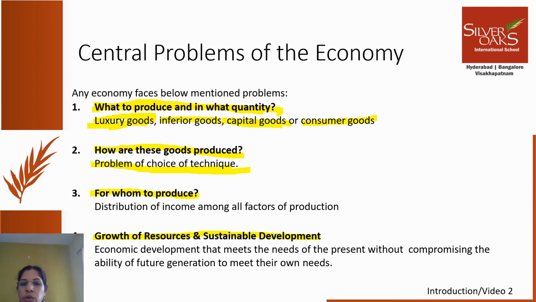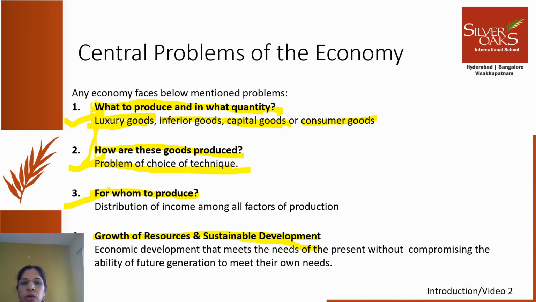Then that is not the right way of economic development. All our processes should be environmentally sustainable also. They should not deplete our resources so that our future generations will suffer. So these three problems primarily, 1, 2 and 3, are the central problems of the economy. The fourth one is something we are discussing with greater emphasis in recent times, because this is also very important.